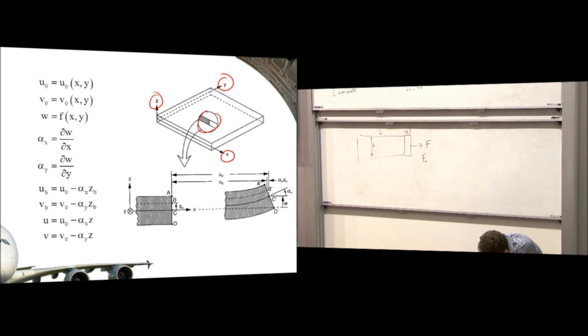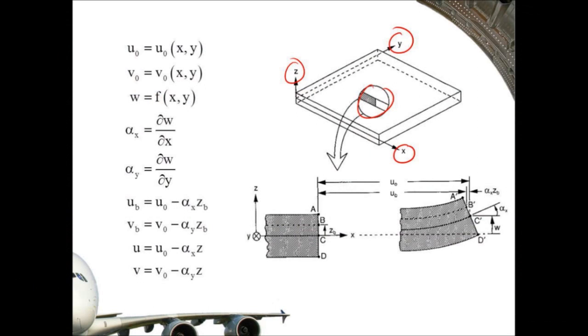Now, the deflections at any point in that plane are a function of X and Y. So as you go across the plane, the X displacement, which remember is U, and the Y displacement, which is V, are a function of position. So if we're here, we've got a different displacement to here. That's not that tricky. All we know is that the displacements are a function of the position.